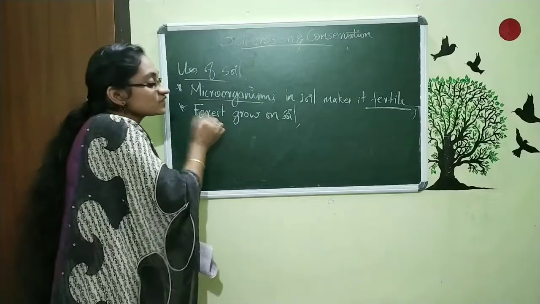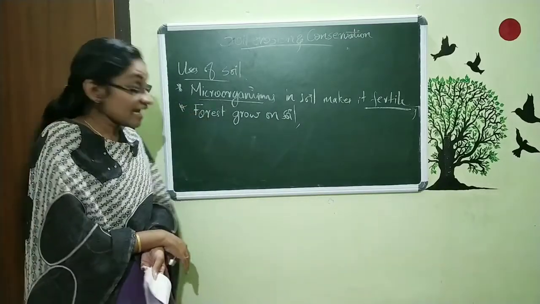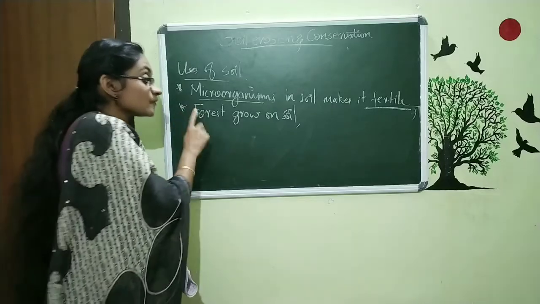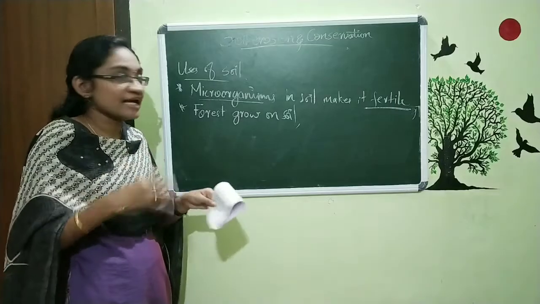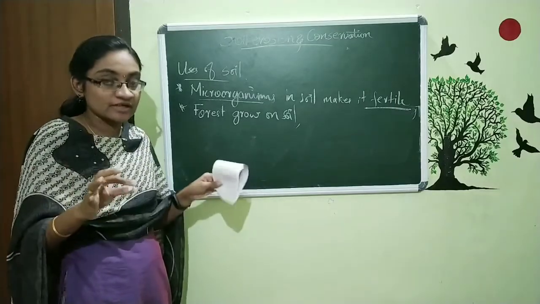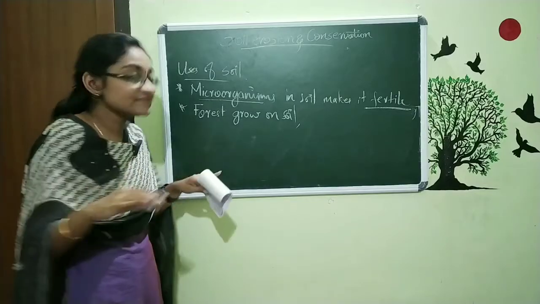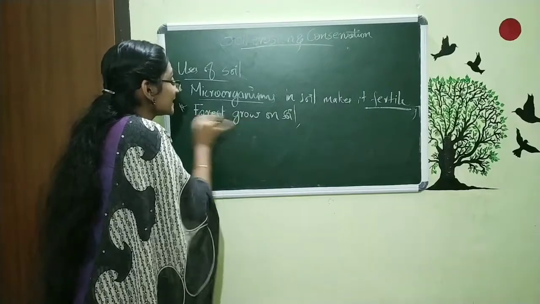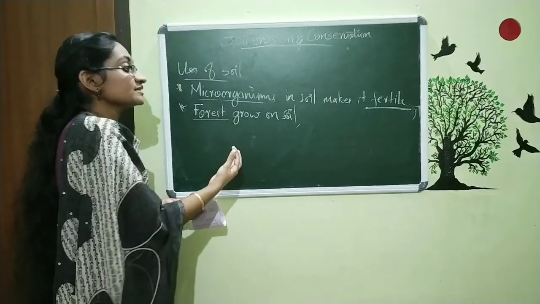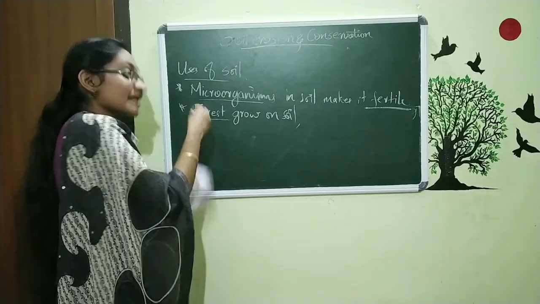One thing, within the forest, different types of living organisms live. The other thing is that forests help bring rain. Rain is very important, and if there is no rain, we don't get water, and no living beings would exist on our earth. So the forest is very important. Where is the forest? On the soil. With the help of soil, the forest exists.